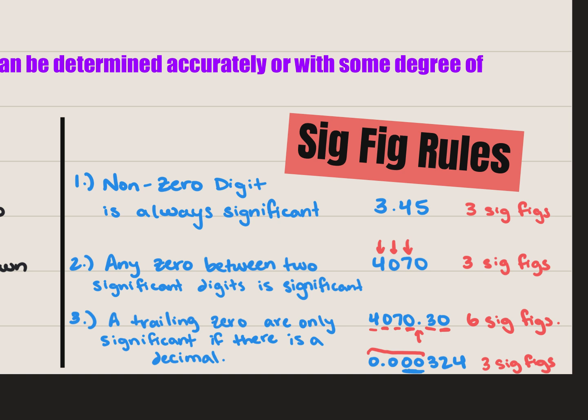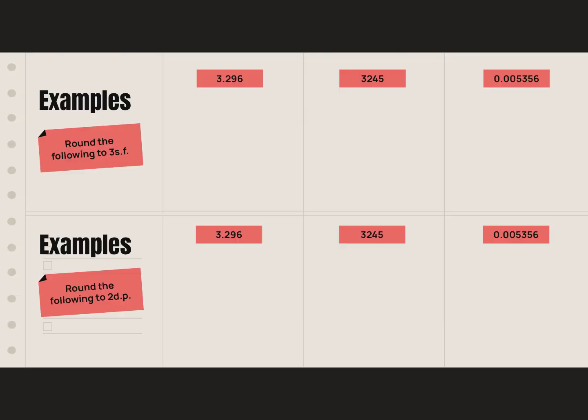We're going to go ahead and move on now to some examples. Here on this page, in the first 3 examples, we're going to round to 3 significant figures. In the second 3 examples, we're going to round to 2 decimal places.